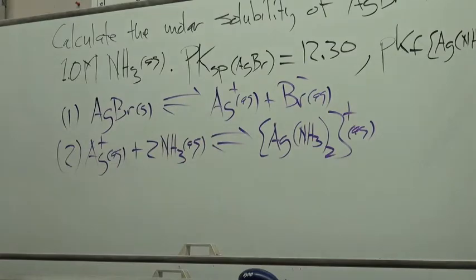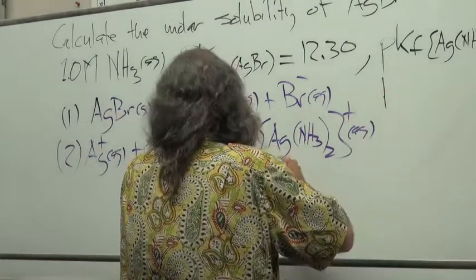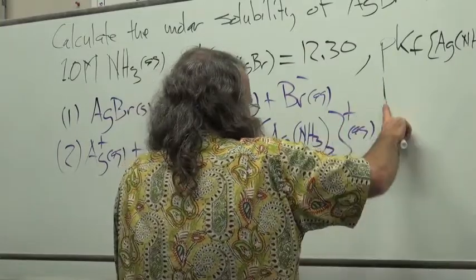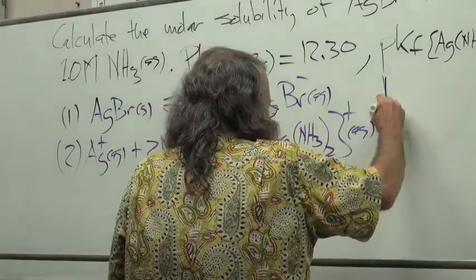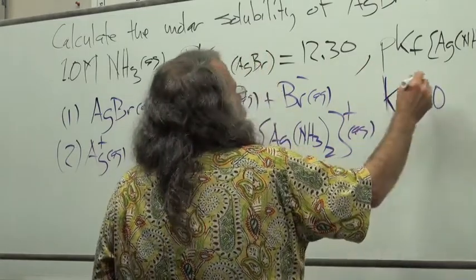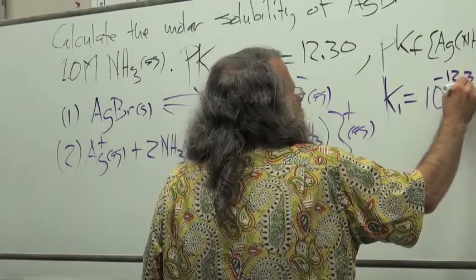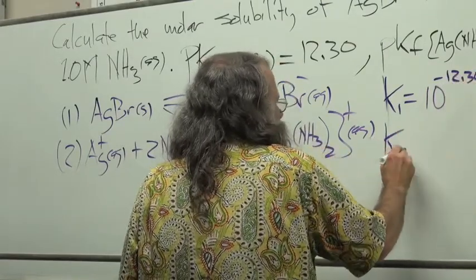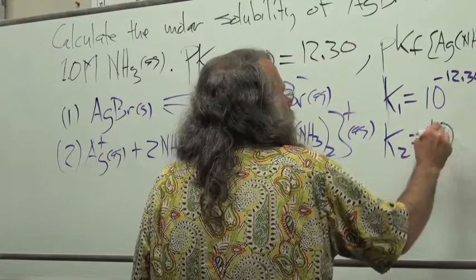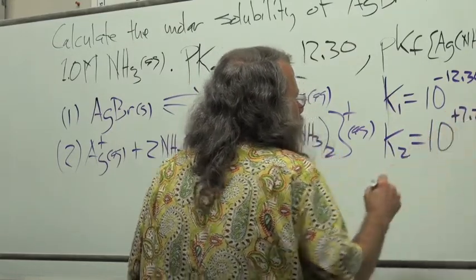Now I know that K1 is equal to 10 to the minus 12.30, and K2 is equal to 10 to the plus 7.26.